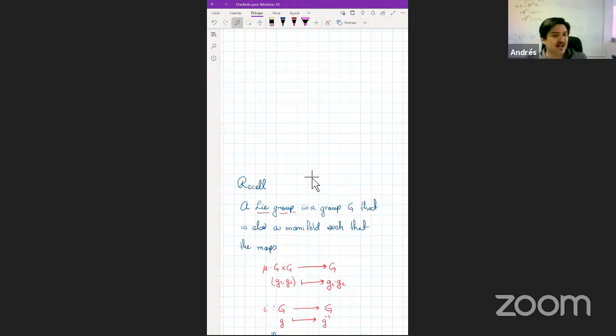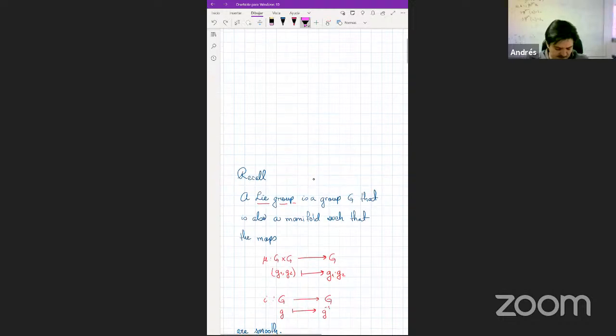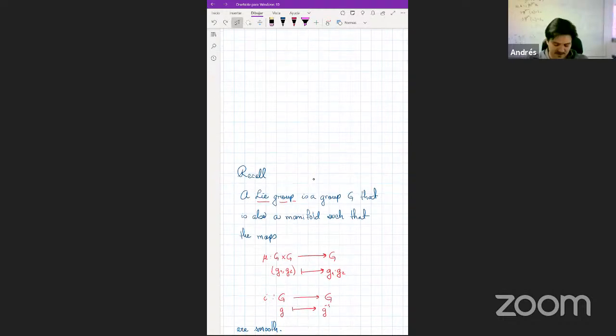It happens to be a group that at the same time is a manifold, and we have two important maps regarding a group, which are the product and the inverse. So once we make the group into a manifold, we require those two maps to be smooth. And that's our definition of a Lie group.